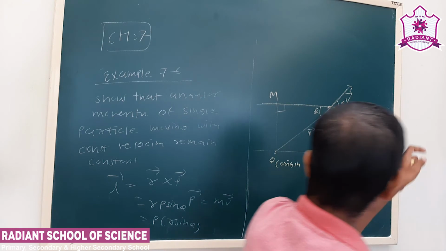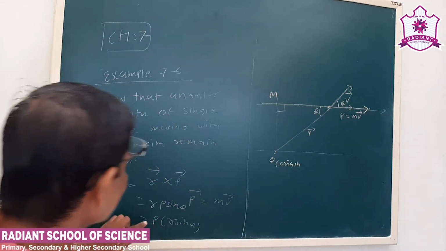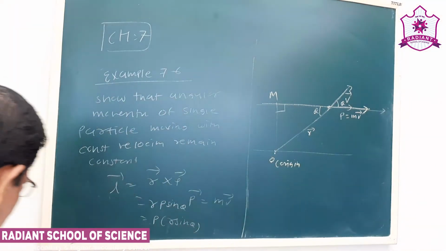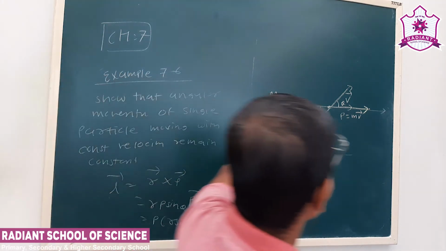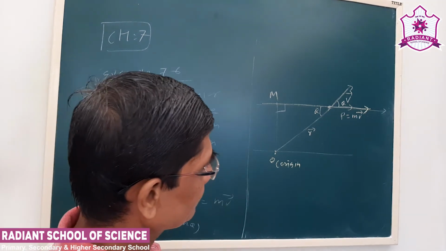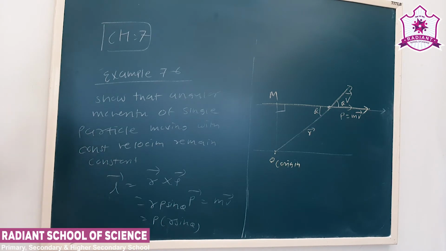Throughout the motion, this r sin theta will remain constant. Why? Because this is a perpendicular distance. So the perpendicular distance throughout the motion of the particle will remain constant. The mass and velocity are also going to remain constant, because we know p is equal to mv.